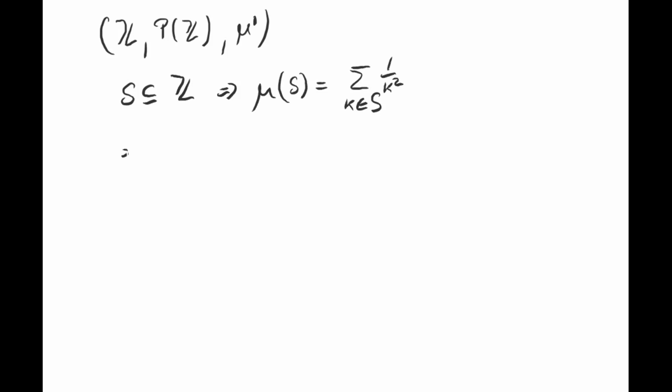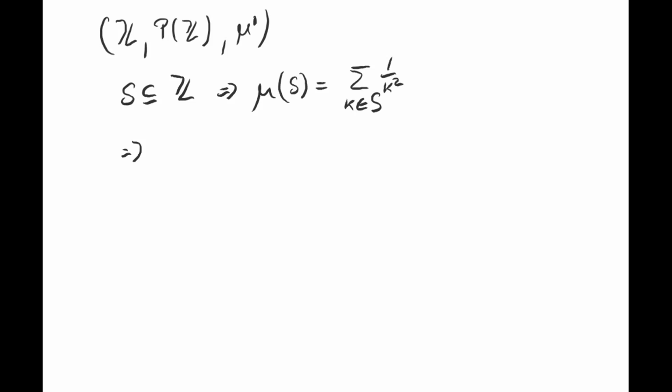So we actually weigh each point k in Z with 1 over its absolute value squared.